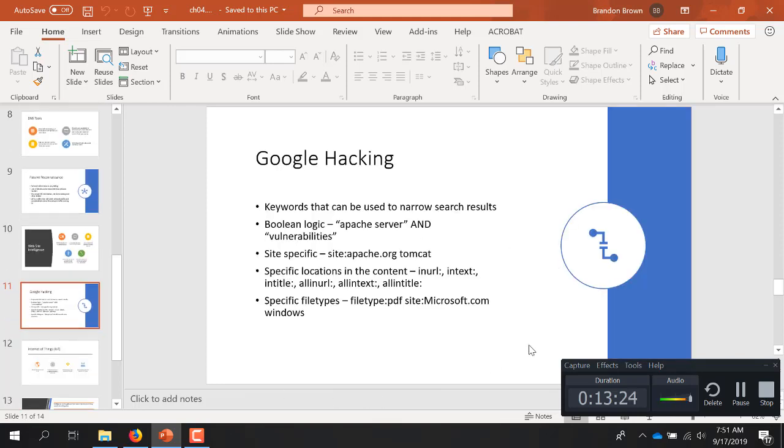Google hacking, the book goes into this a little bit, and this is a newer concept where we can use a lot of scripts within the Google search engine itself to gather information about a company, a person, an organization.